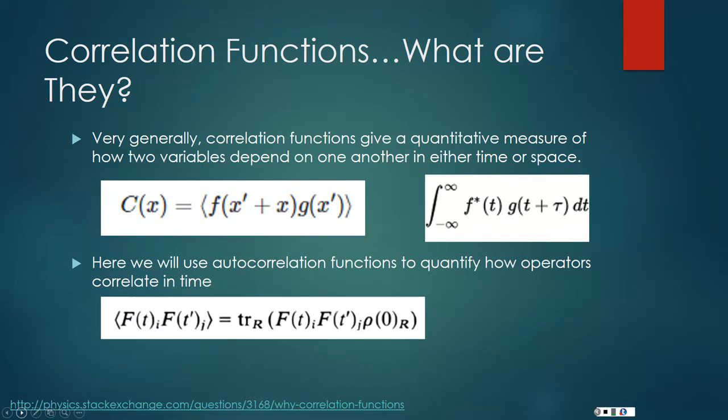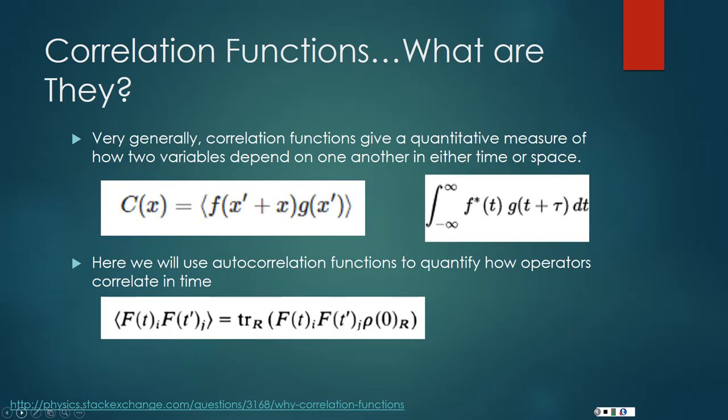We're multiplying two functions together and seeing how it changes in time. You can view one as stationary and we're moving the other function past it. These are just different notations for how correlation functions show up. And specifically we'll be using autocorrelation functions for operators.